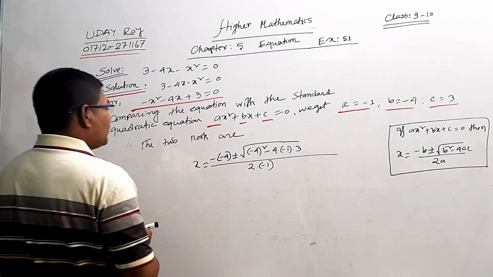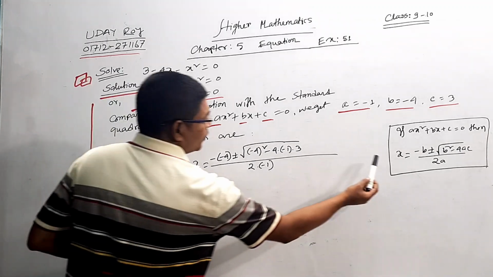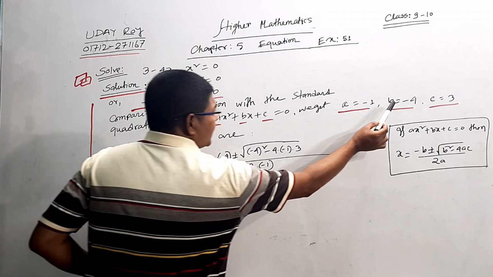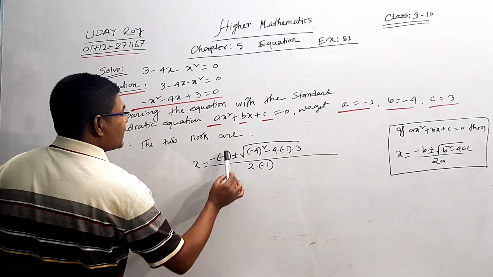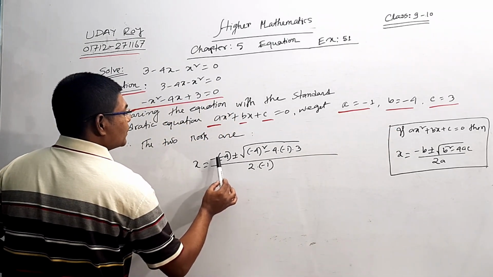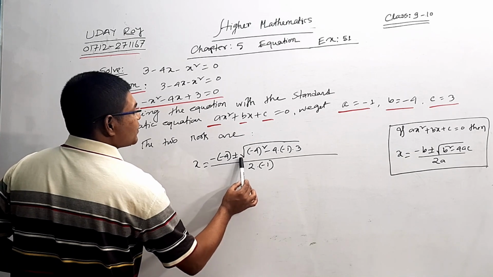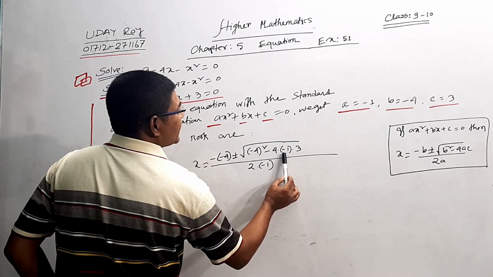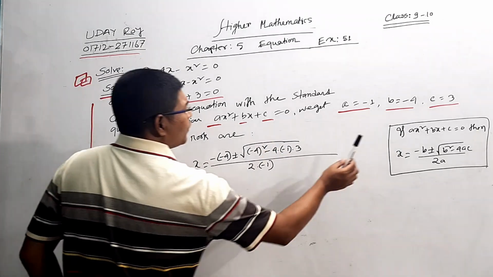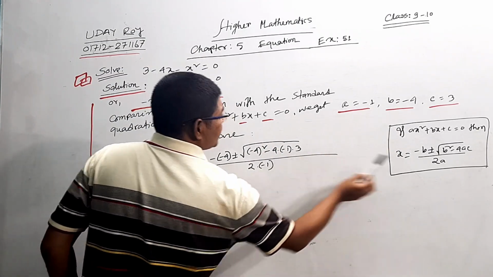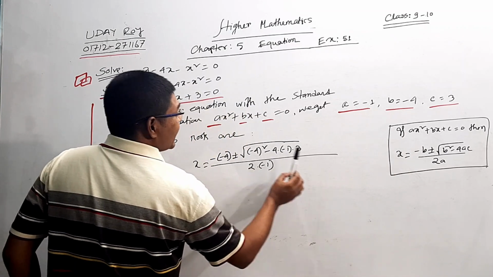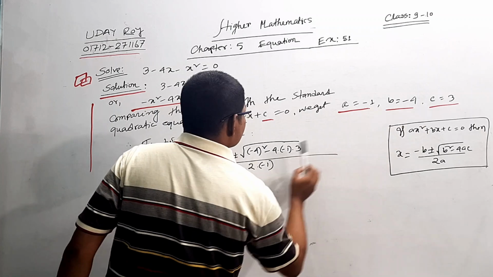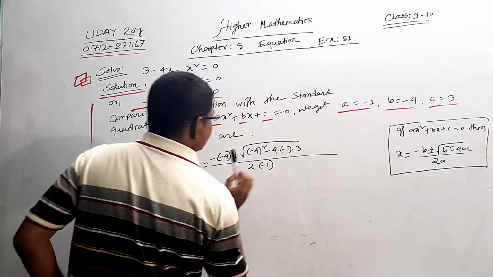So again follow the board. x equal to minus b. What is b? b equal to minus 4. So keep it in a bracket, minus of minus 4, plus minus square root of b square minus 4ac. This is 4, the value of a is minus 1, and c, 4ac divided by twice a.